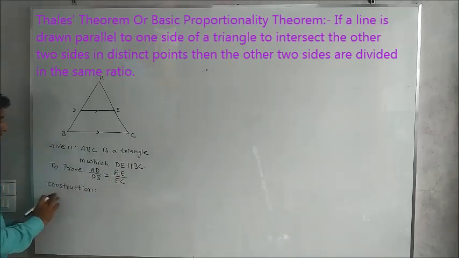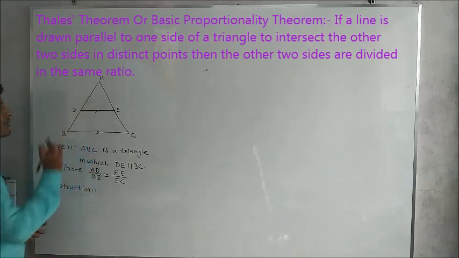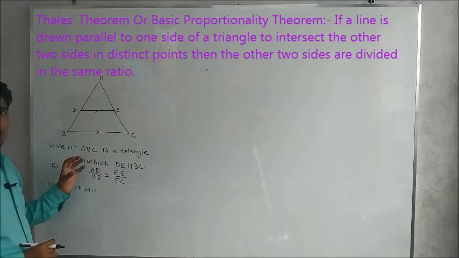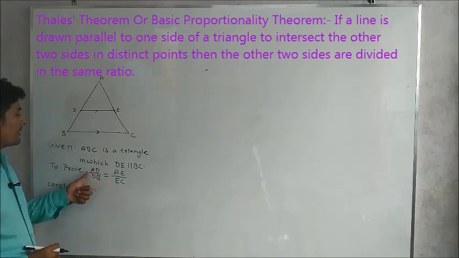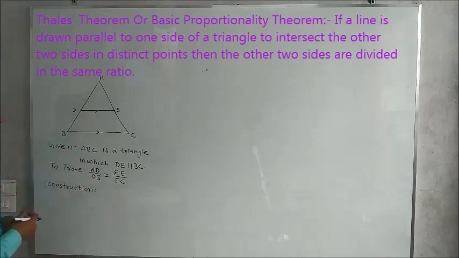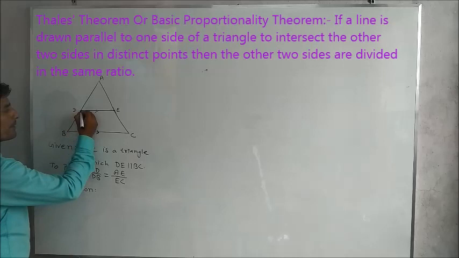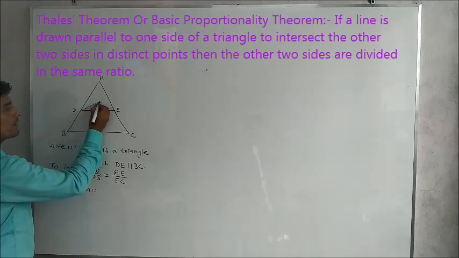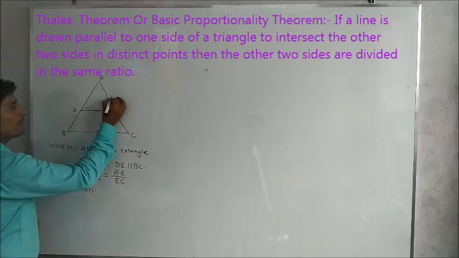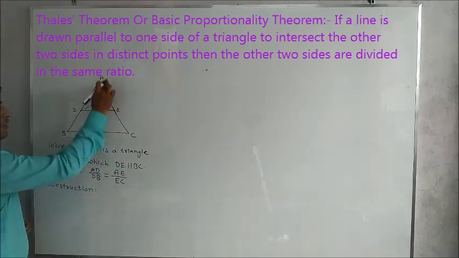After To Prove, the next step is Construction. Construction is needed in this figure to prove the theorem, that is, AD upon DB equals AE upon EC. Let us see what construction is required. First of all, we draw a perpendicular DF on AC.